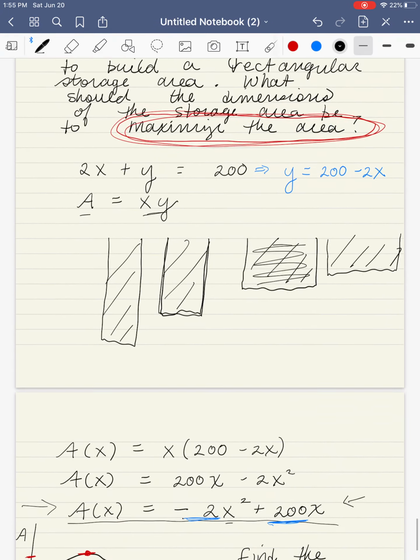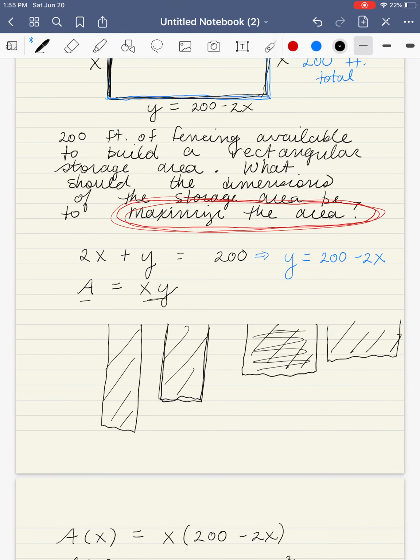That is not the area. The problem asked me to find the dimensions of the storage area, and I also want to know what is the maximum area.